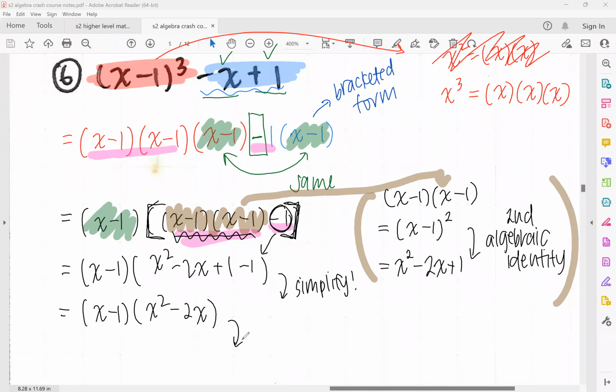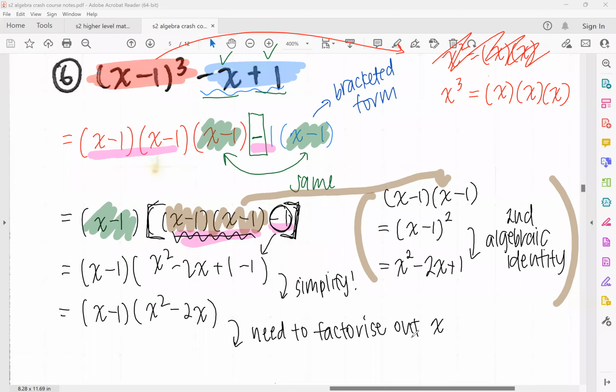So Hui Xian, what did he just say? Why can't we stop here? Factorize. Okay, so back to you, Accretions. Factorize out who? No, not x squared. What term do we need to factorize out? So you know that you need to factorize out the x.